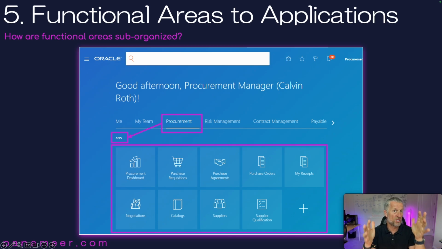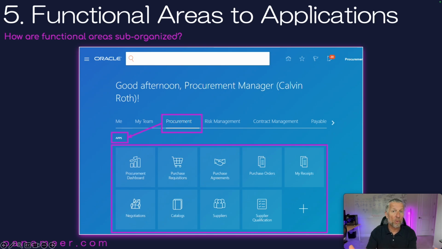The applications are still largely one-to-one for transaction, but in some places I just have a transaction. Then you have supply chain. Let's take inventory. I have a functional area, supply chain execution, and then I have 3 or 4 major applications in costing and inventory, etc. But within inventory, I have 8 or so different transactions in one actual application, whereas here in procurement, the transactions, with the exception of something like negotiations, are largely one-to-one.